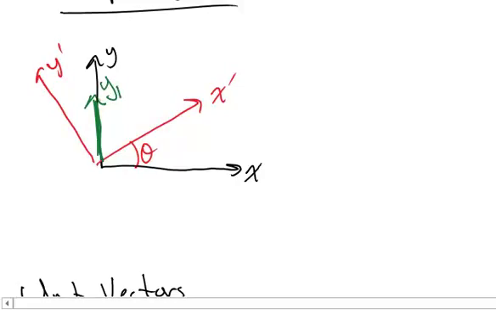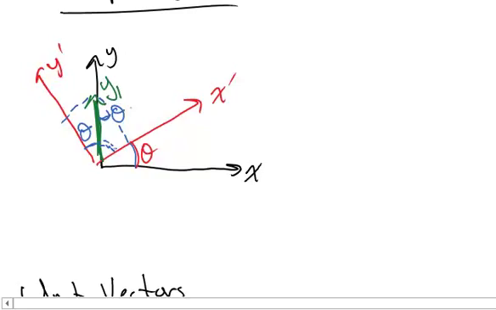Now, projecting this onto my two axes. Now, if this angle is theta, this guy here is 90 minus theta, which means this guy up here is theta. Since this angle is 90 minus theta, this angle is also theta.